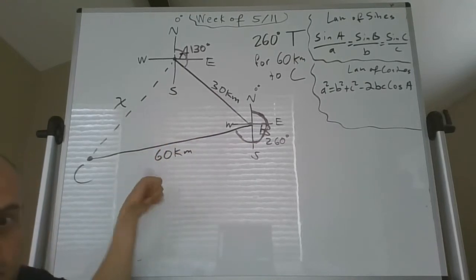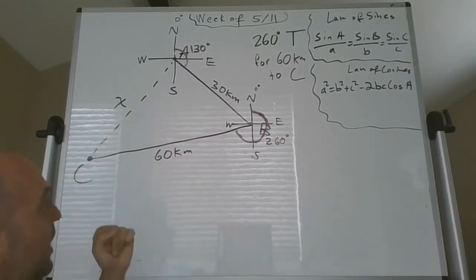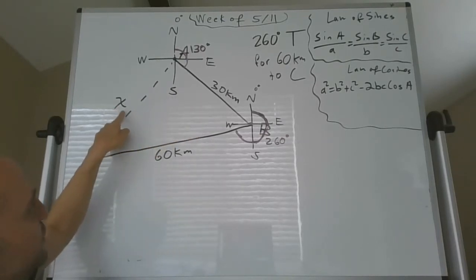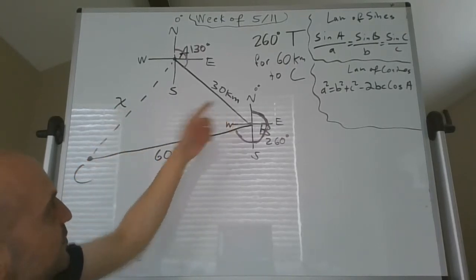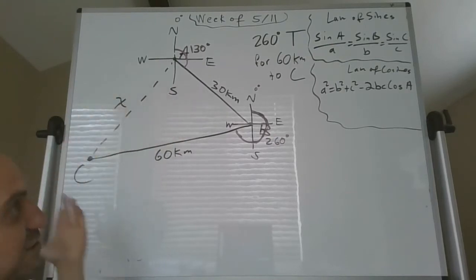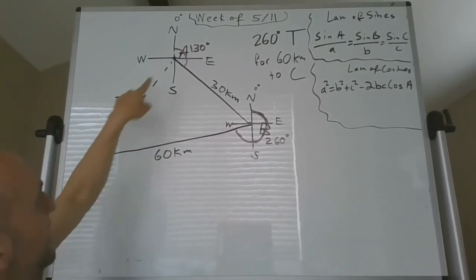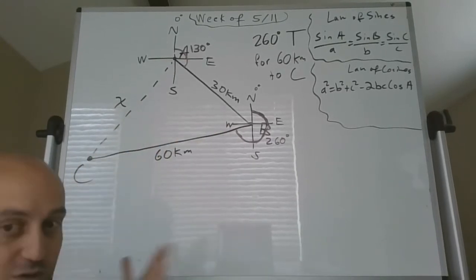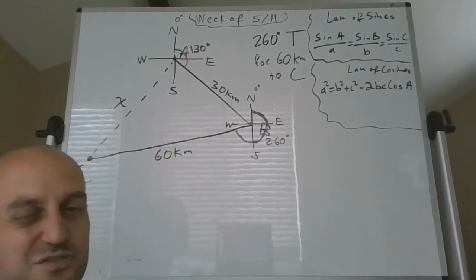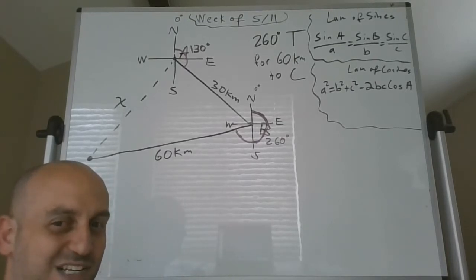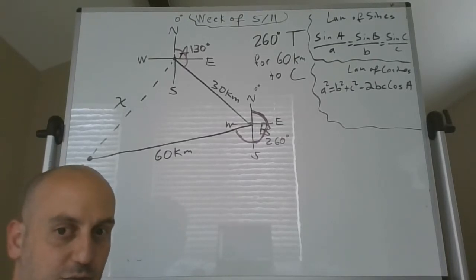We have 2 sides here, cool. But in order to use law of sines, we need the angle for this, and we do not. Actually, we don't have the angles for anything right now. Since we don't have the angle measures for angle A, B, or C, we actually can't use law of sines or law of cosines right now. We're not quite even ready for either one of them.